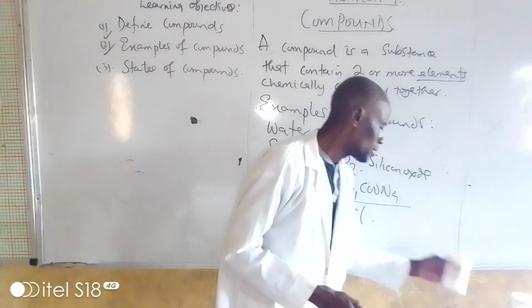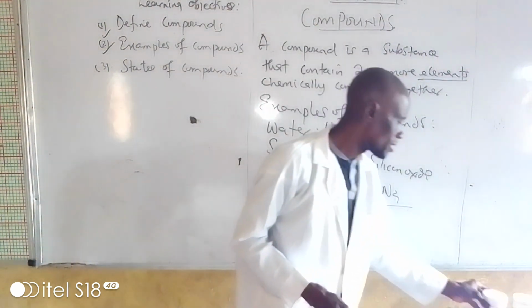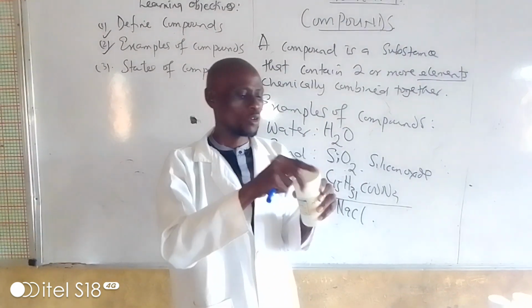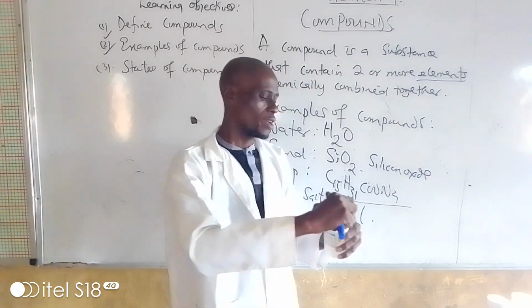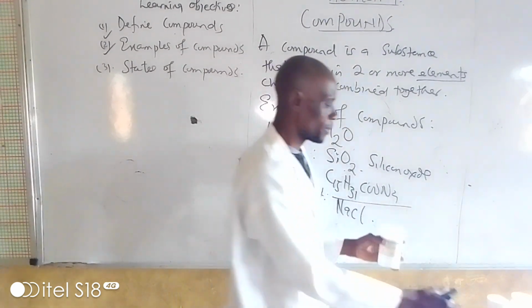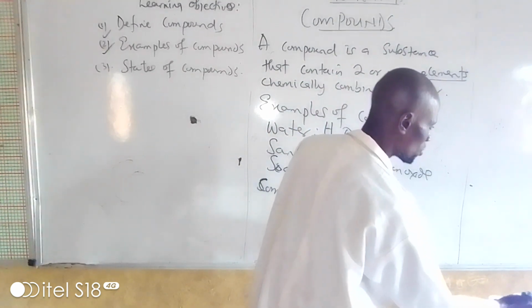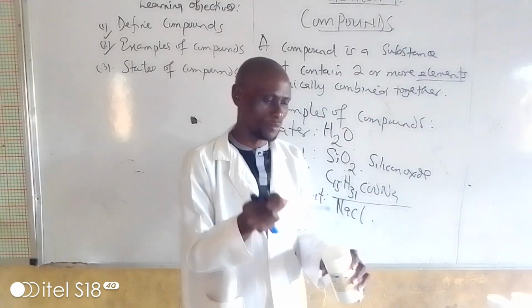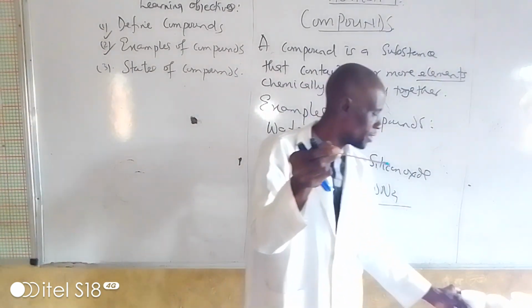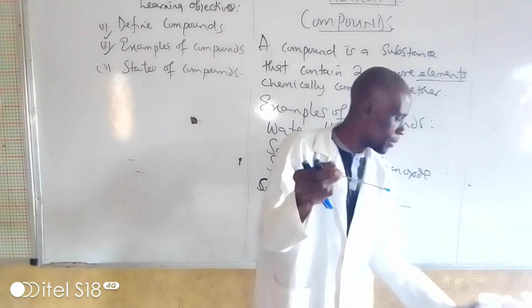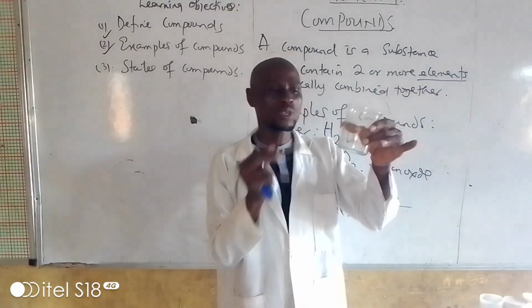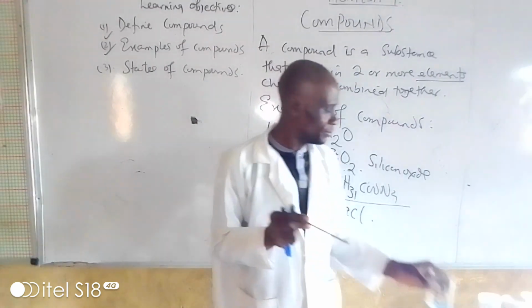Potassium iodide, potassium dichromate, copper 2 sulfate. Copper 2 sulfate is also a compound. These are copper 2 sulfates, blue in color.